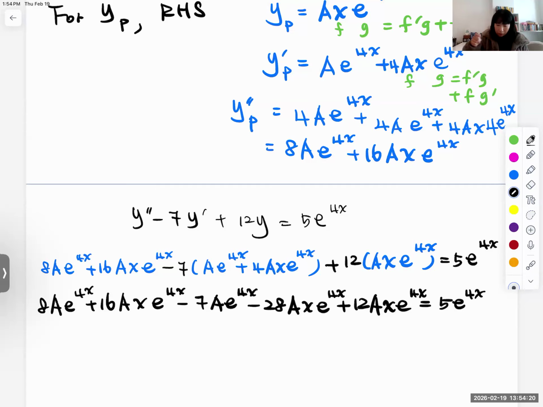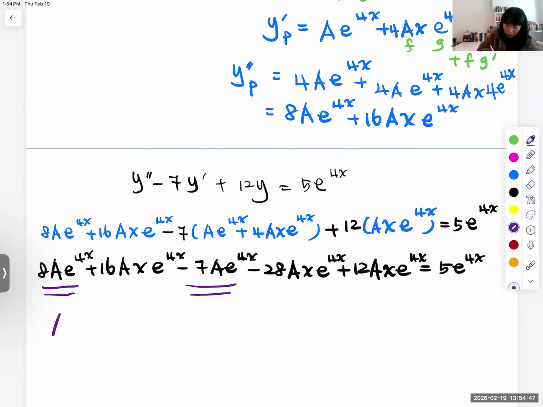Okay, combining like terms, a e to the 4x. This one? This one? That's it, right? So we have 1a.